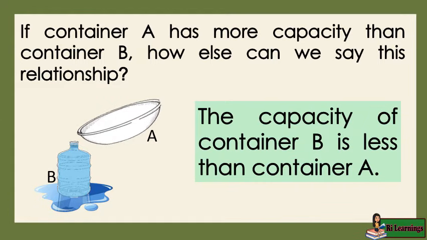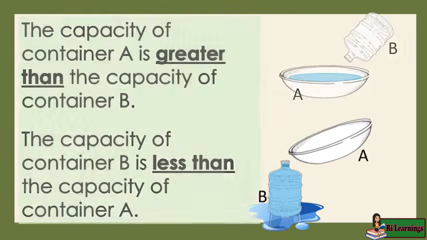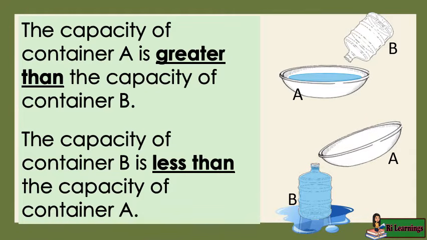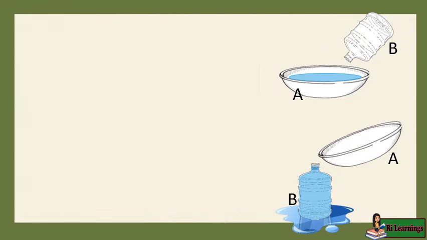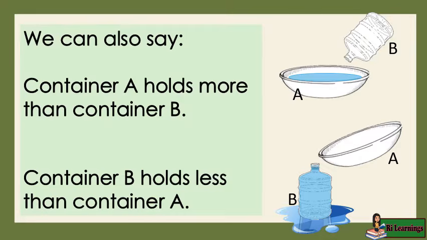The capacity of container B is less than container A. The capacity of container A is greater than the capacity of container B. The capacity of container B is less than the capacity of container A. We can also say, container A holds more than container B. Container B holds less than container A.